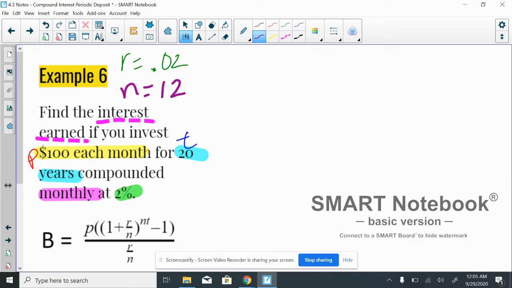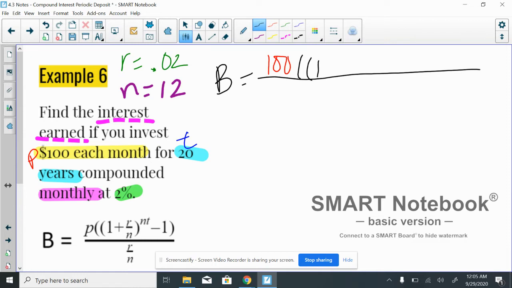Okay, first thing we're going to do is find the account balance with the lovely formula at the bottom. So account balance is going to look like this big ugly fraction. And on this one, my periodic deposit is $100, or my principal there. That's how much I put in the account every month. Double parentheses, 1 plus the rate divided by N. So I'm going to have 0.02 divided by 12.